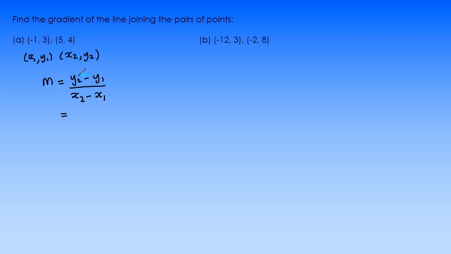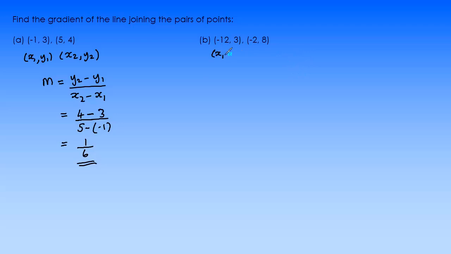So in this case y2 is 4, y1 is 3, x2 is 5, and x1 is -1. So that ends up being 1 over 6. So our gradient is 1/6.